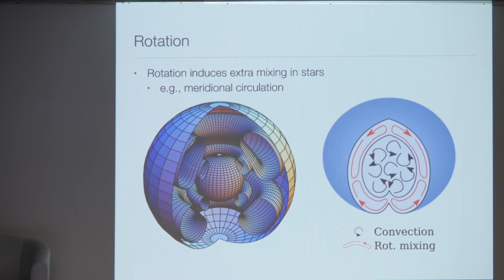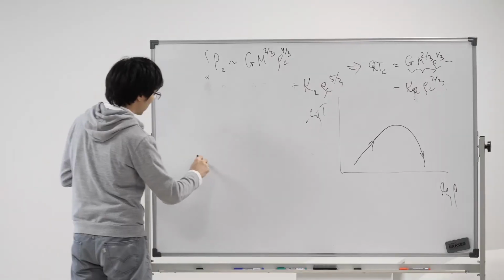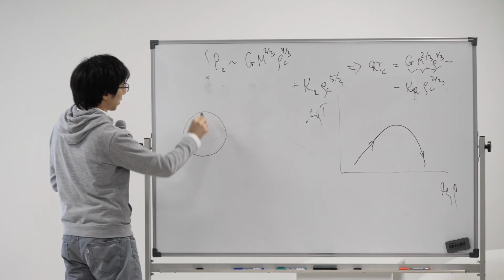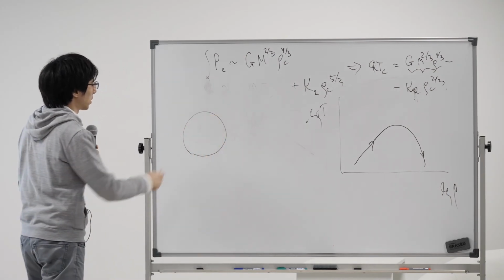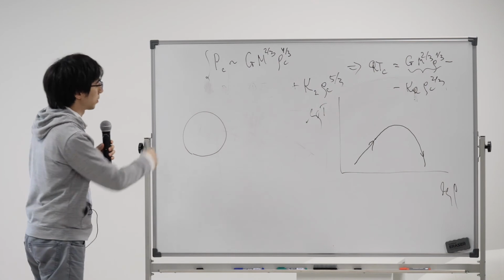For example, meridional circulation, which can cause extra mixing. And what is this? When the star is rotating, of course, the shape of the star can be slightly deformed because of the centrifugal force. If I draw it in a very exaggerated way, then if there's no rotation, the star is just a sphere. And if we assume spherical symmetry, the temperature at the surface is the same everywhere.